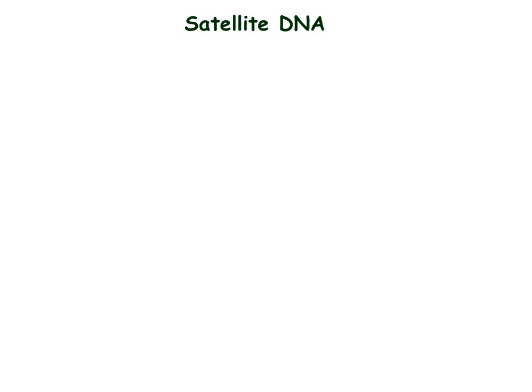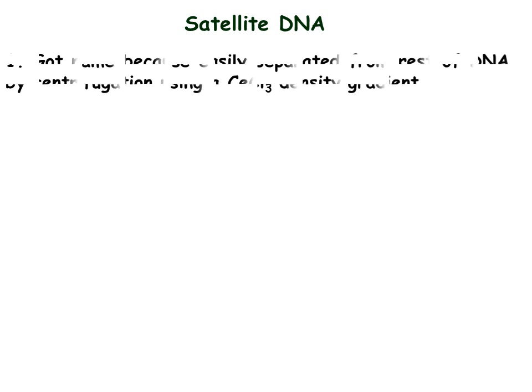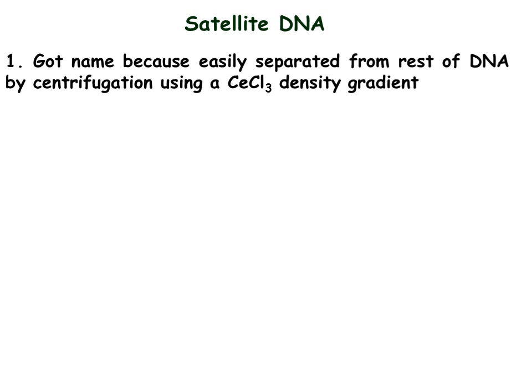We're going to talk about satellite DNA because those are the kinds of clusters that can expand and cause problems. They got their name, satellite DNA, because they were easily separated from the rest of the DNA when you would put it in a density gradient in a centrifuge. Again, instead of separating by mass, you're separating by density, which includes both volume and shape.